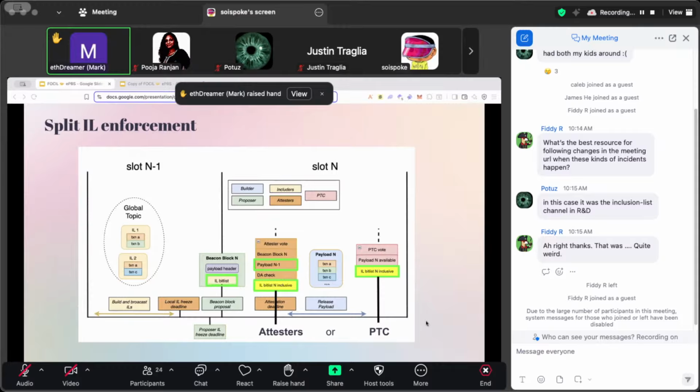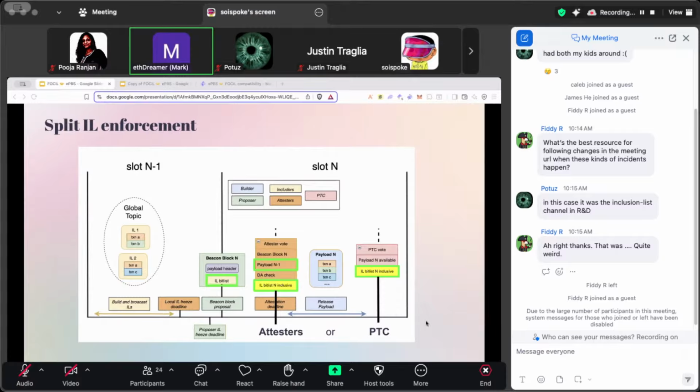Well, to vote against the payload being available and respecting the inclusion list. You rely on the PTC for that, if we go with the PTC option of enforcing the IL. But my understanding, I could be wrong, was that it is still possible for a proposer to vote that a payload is available, even if the PTC said it wasn't.